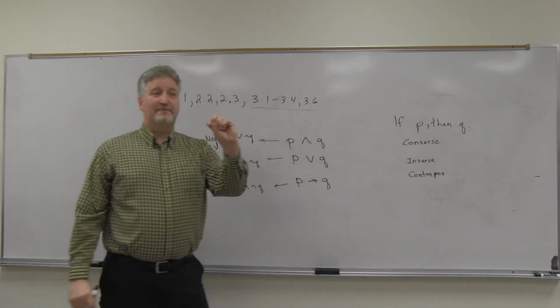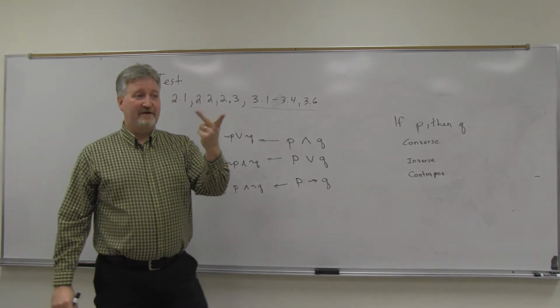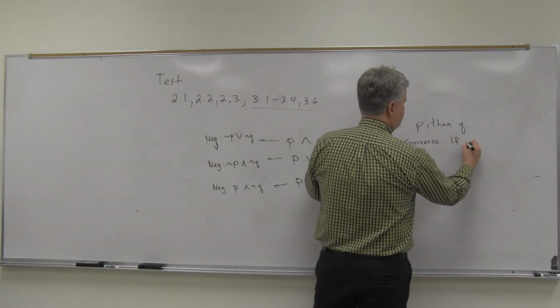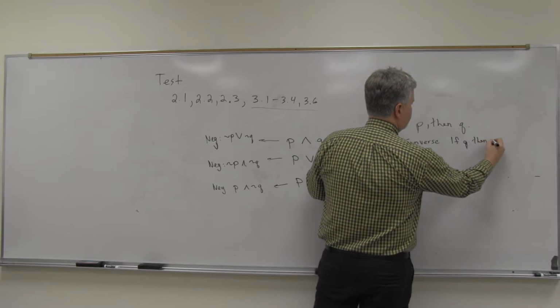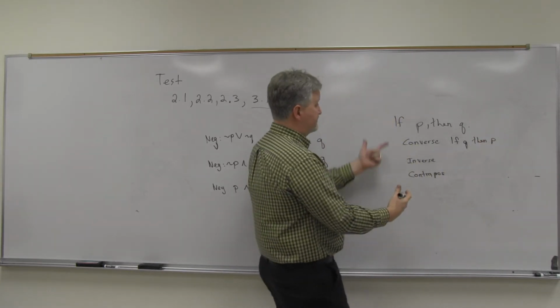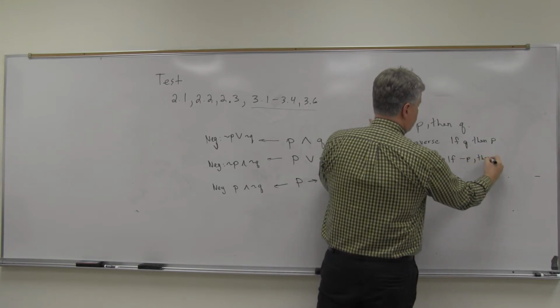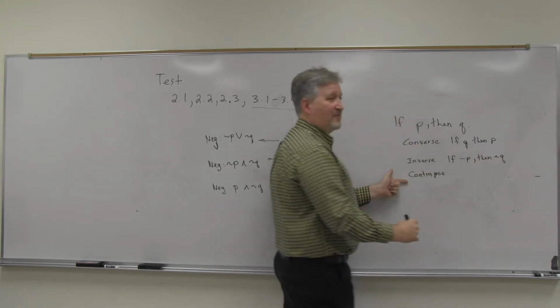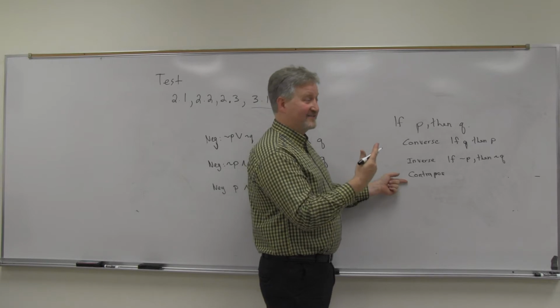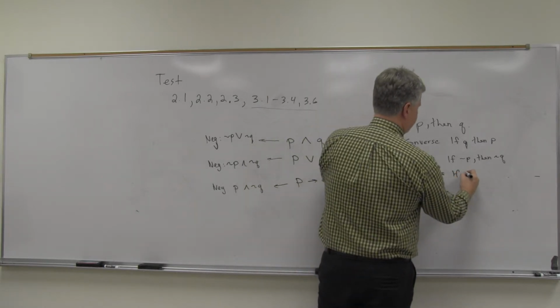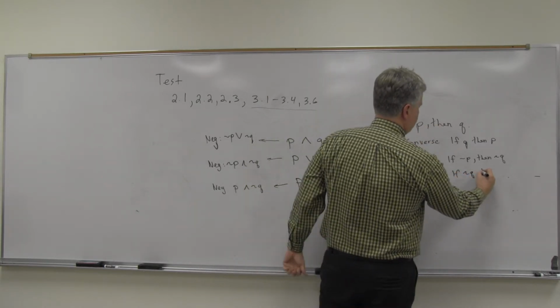Remember the converse, what does it do? Flips. So it's if Q then P. The inverse negates them, so it's if not P then not Q. And then the contrapositive flips and negates, right? So if not Q then not P.